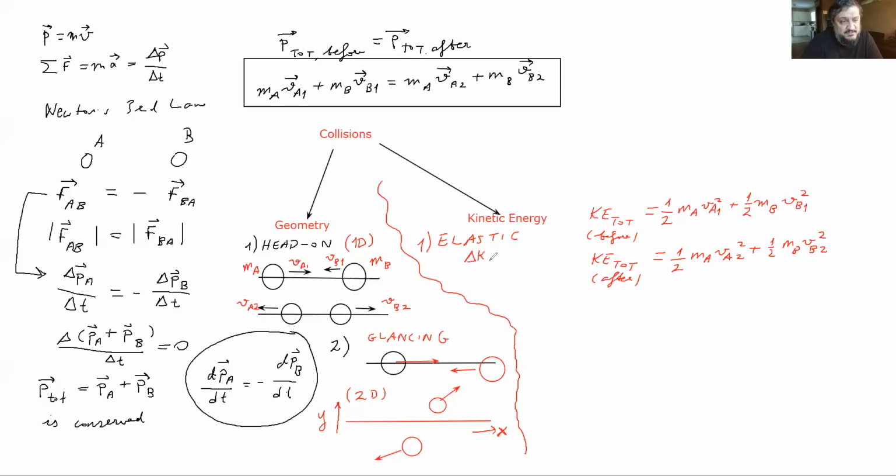In other words, the change in the total kinetic energy is 0. A very ideal case. I mean, billiard balls are close to it, but in real life, you never really conserve the total kinetic energy, okay?